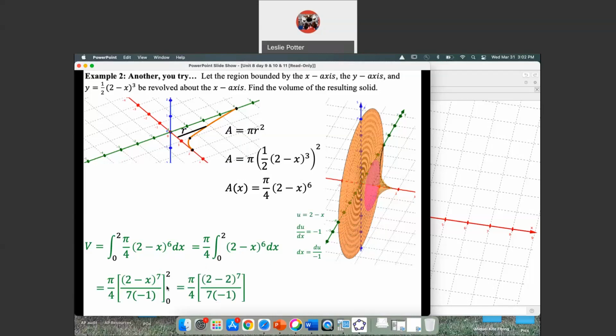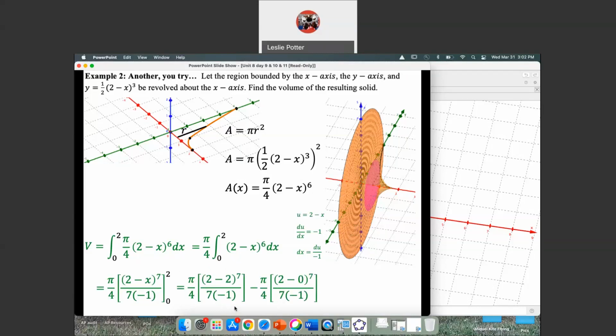So plugging in 2, and then plugging in 0 and subtracting them. Notice, this is our answer, and this is good for a free response question. Notice this whole thing is 0 because 2 minus 2 is 0, so this can be dropped off.